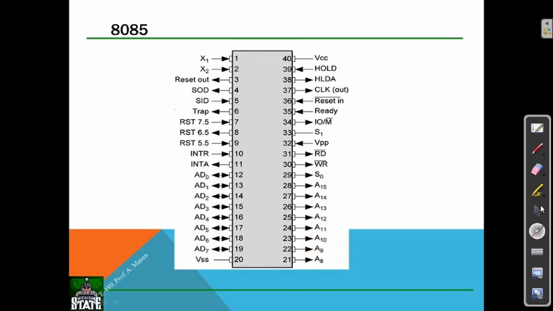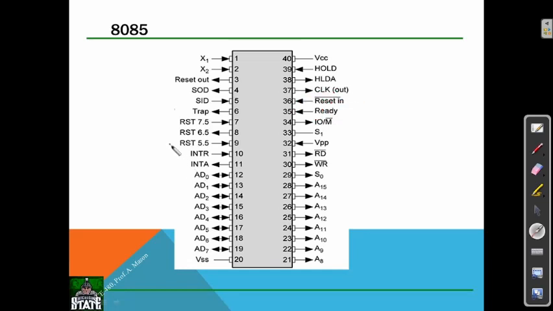Likewise, the 31st pin is the read pin, the 30th pin is the write pin, and this one is the S0 pin. Pin 37 is the clock out pin. Then 36 is the reset pin. If you want to reset the whole circuit, we reset it at this 36th pin.